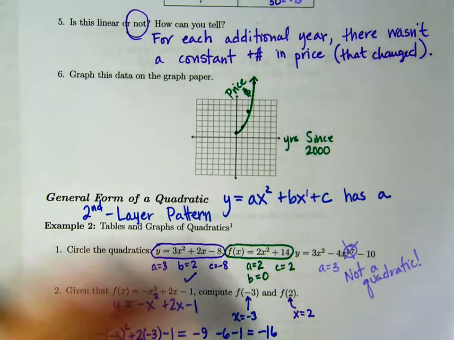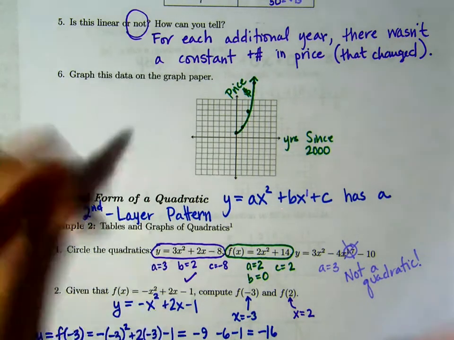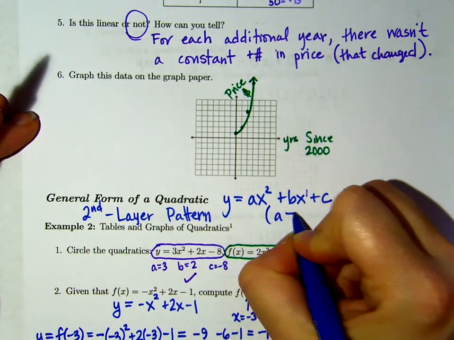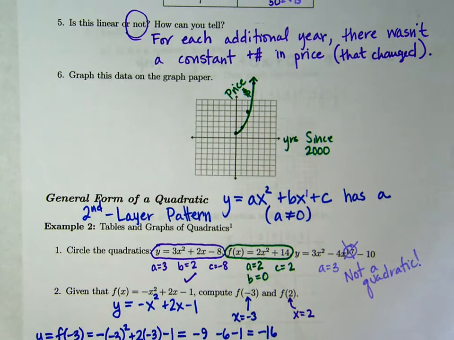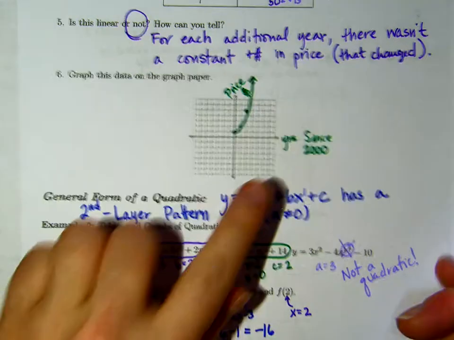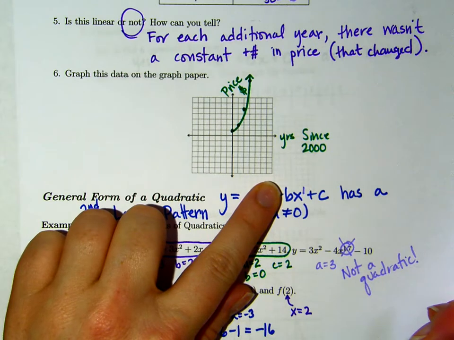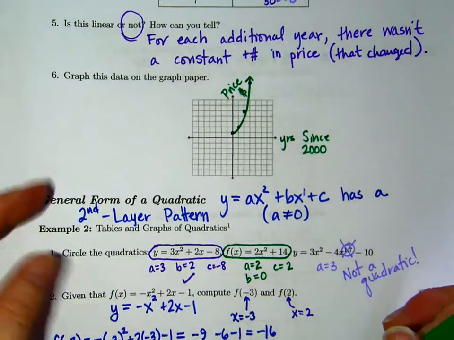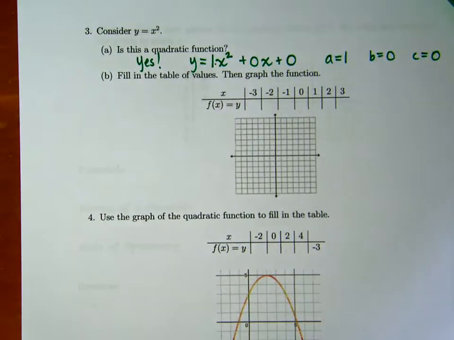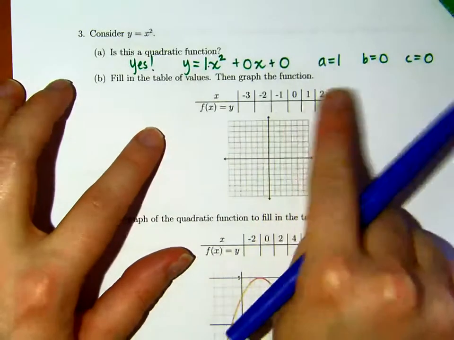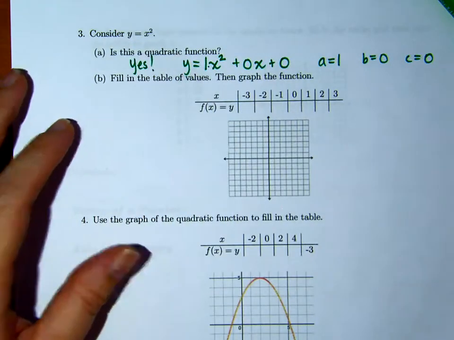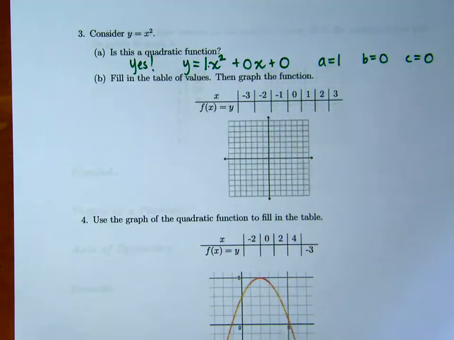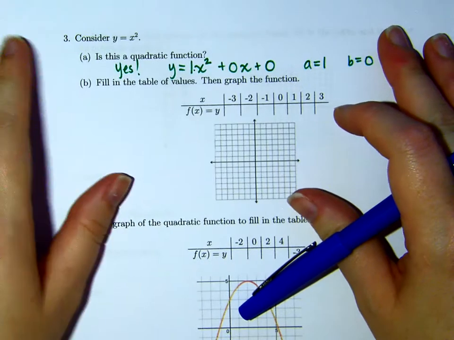I would like to add in, if the A is 0, then we're back to having a line. So we definitely need A not to be 0. But luckily in this case, it is not. We have an x squared term here. So yes, it is a quadratic. Let's fill in the table of values and graph it.